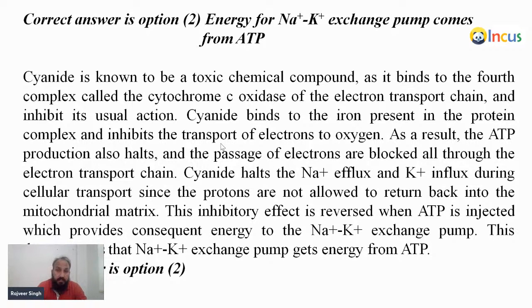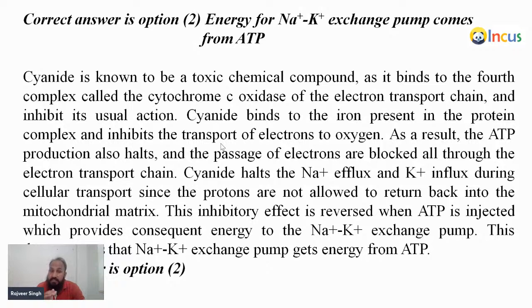As a result, ATP production also halts and the passage of electrons is blocked all through the electron transport chain. Cyanide affects sodium efflux and potassium influx during cellular transport, since the protons are not allowed to return back into the mitochondrial matrix.